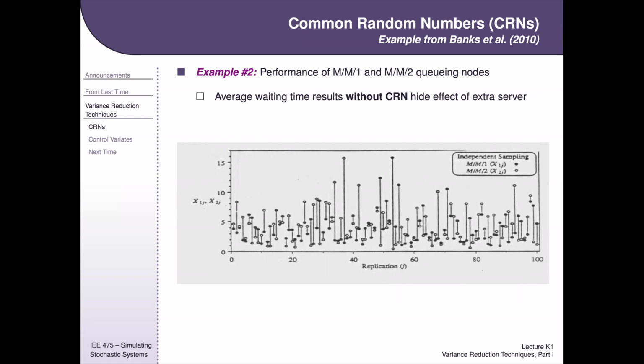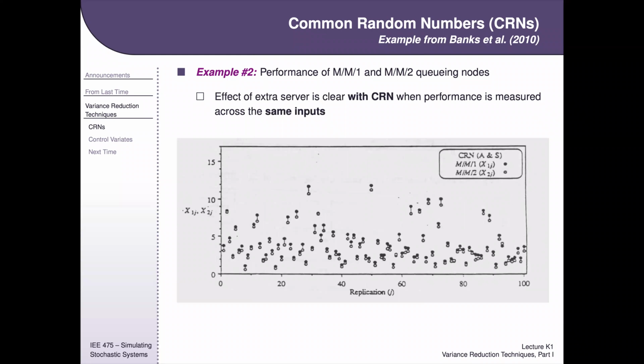And so the huge differences here might be due to system differences, or they might just be due to I got unlucky with the customers that were drawn for this system relative to the customers that were drawn for this system. By guaranteeing per replication the same customers going to both systems, I don't have to worry about luck.